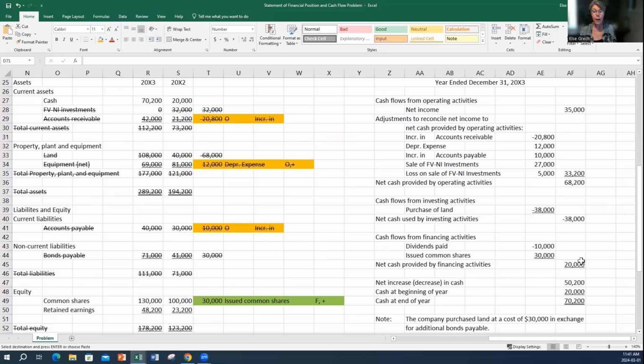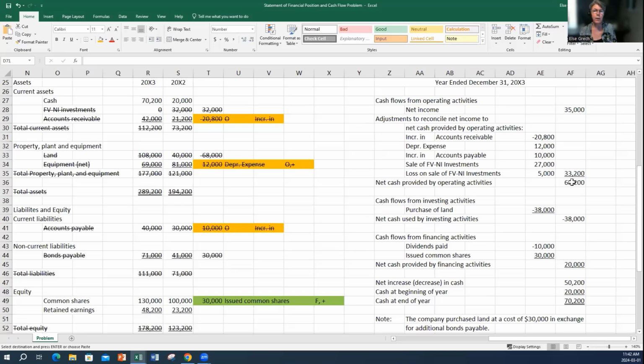They have paid quite a good amount of dividends, $10,000. And they've managed to obtain some external financing in order to invest in land. And they've also obtained some cash, of course, by selling off their trade investments. So they've had a very good inflow from their operating activities. And again, only sustainable source of cash.